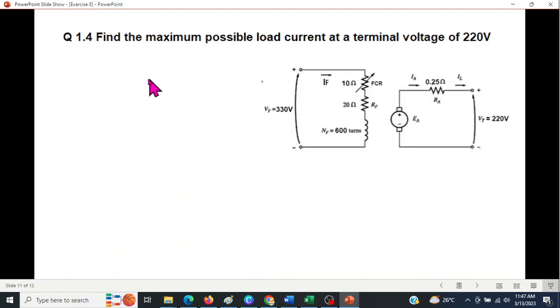And now question 1.4, find the maximum possible load current at a terminal voltage of 220 volts. So to get maximum possible load current, we have to have the maximum field current.